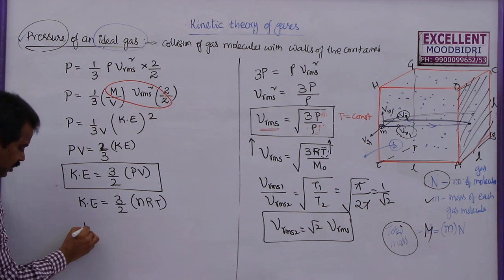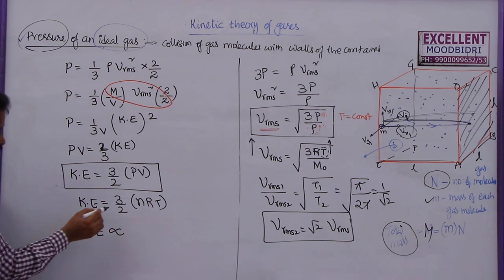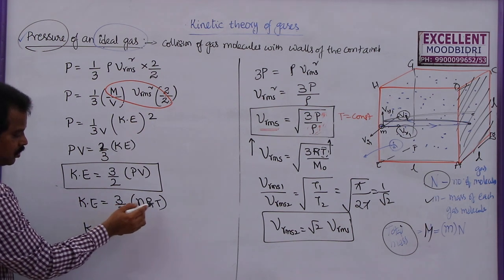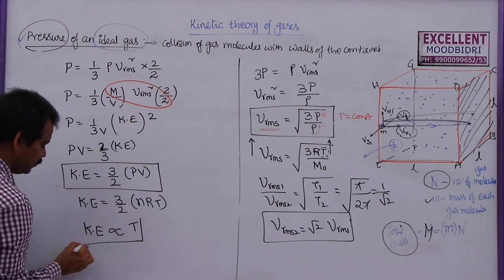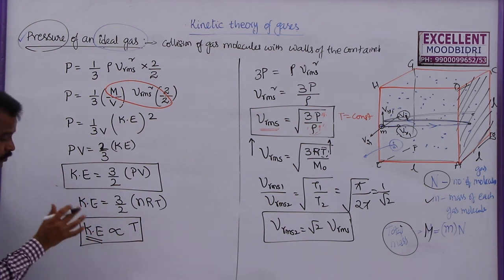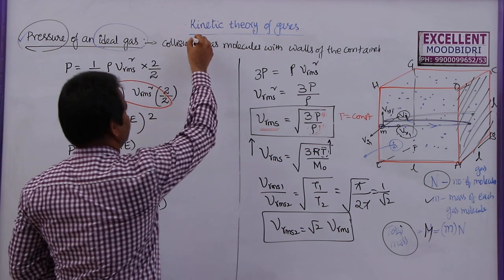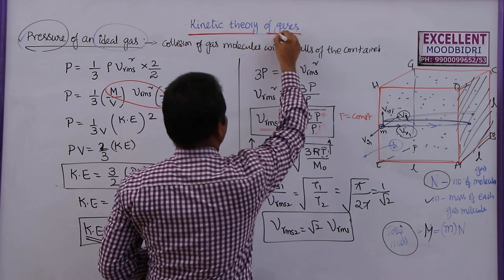Here it is clear that the kinetic energy of the gas is directly proportional to 3/2 constant, n constant, R constant, so it only depends on temperature. That means whenever the temperature increases, we can say that the kinetic energy of the gas has increased. That means temperature only depends upon the kinetic energy of the gas, but not the other energies like potential energy. That's why the name of this lesson is kinetic theory of gases.